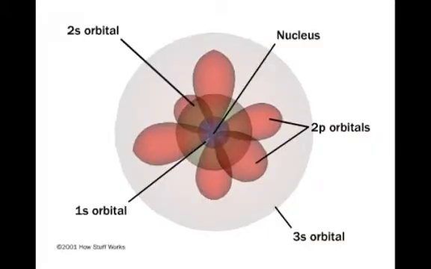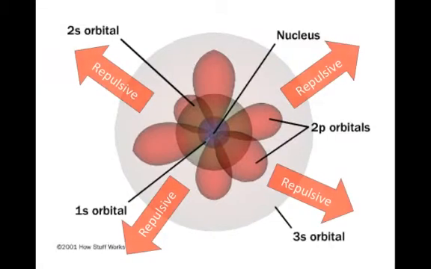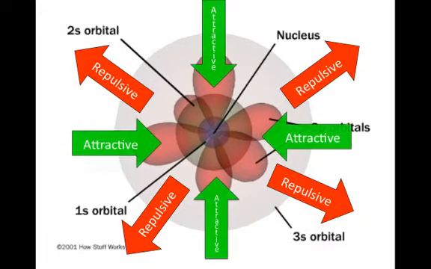The electrons have the same idea going on. You have a repulsive force. The electrons hate each other. They are negatively charged, like charges repel. And so you have this repulsive force of the electrons on each other. But you also have an attractive force of the protons on the electrons.